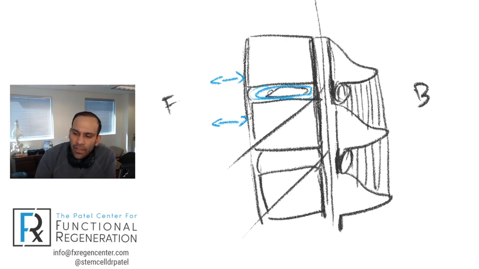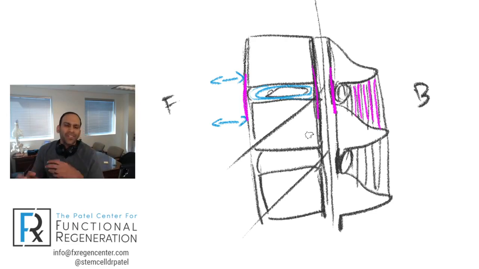Number one, these ligaments start to get a little stretched. So all of these ligaments that are connecting the bones together start to get stretched when there's more and more motion between these segments. Imagine taking one of those thick rubber bands and gradually over time just stretching it, stretching it, stretching it.